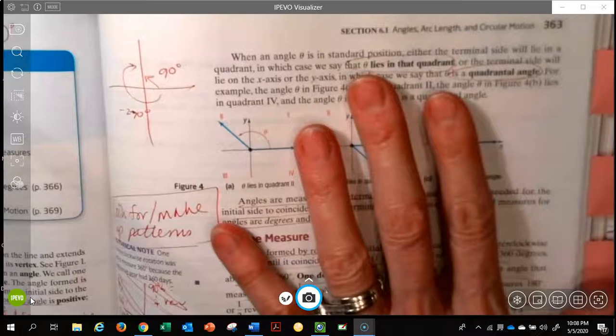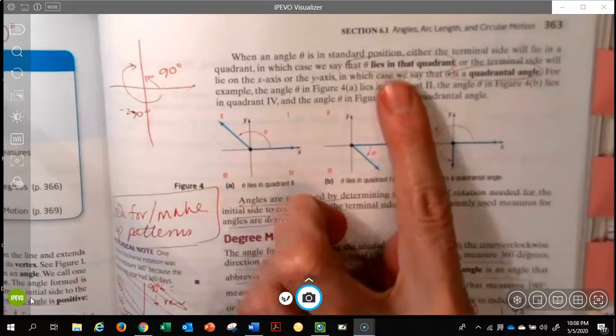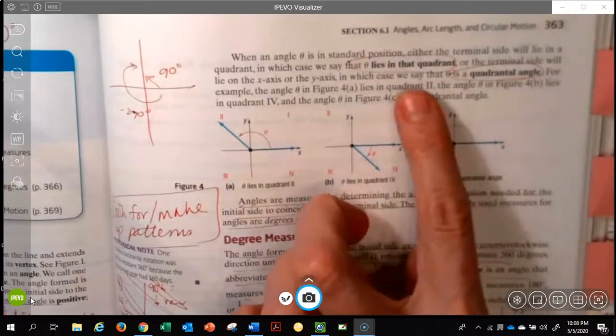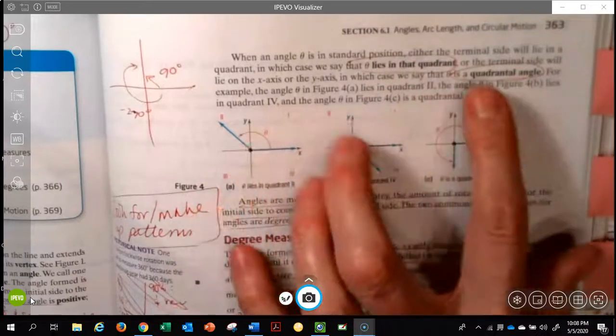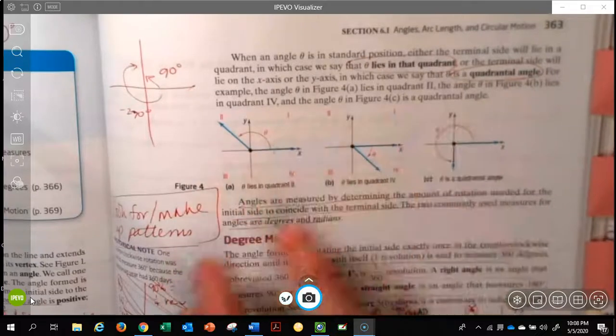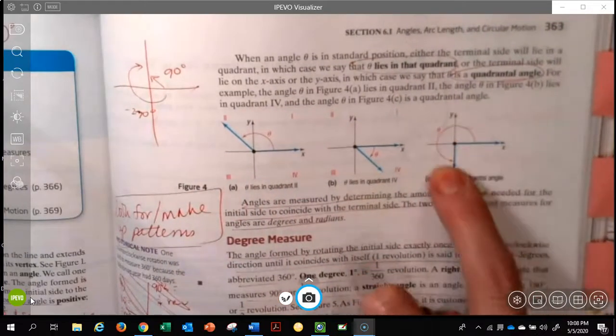Then it talks about standard position, and that theta can lie in a quadrant. But there are some other angles, which are called quadrantal. For example, if you look at 4C, it's landing down here.